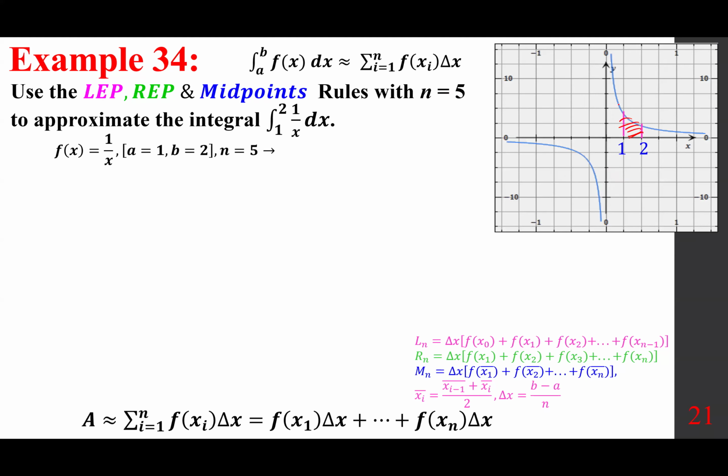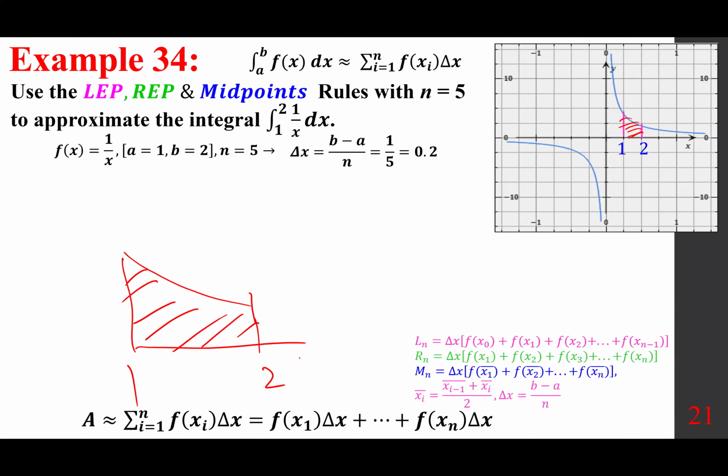So one way to do that is to blow it up, make it huge. And calculate delta x, b minus a over n, becomes 1/5 or 0.2.